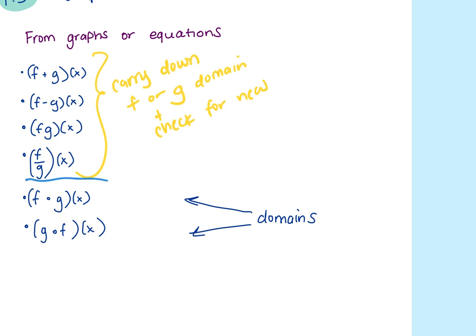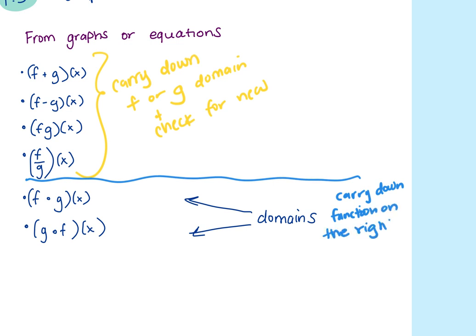For these, we carry down only the function on the right, and then check for new.